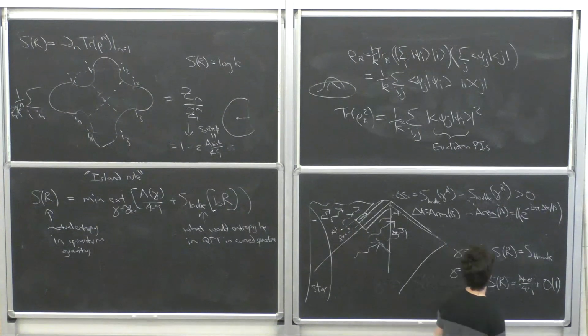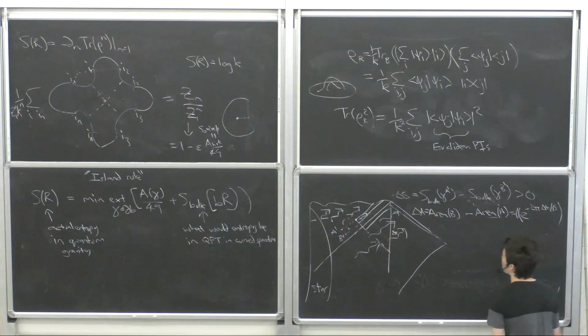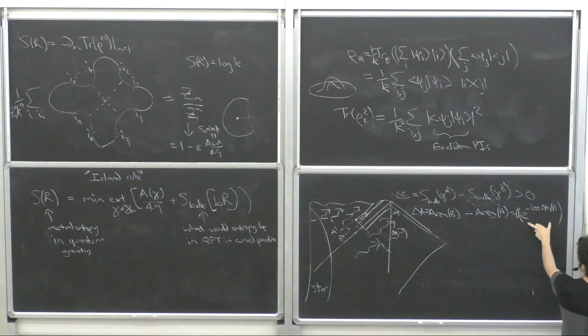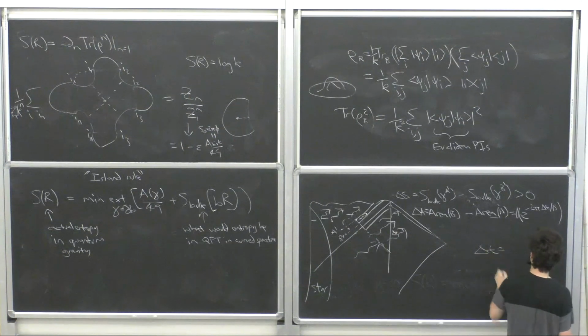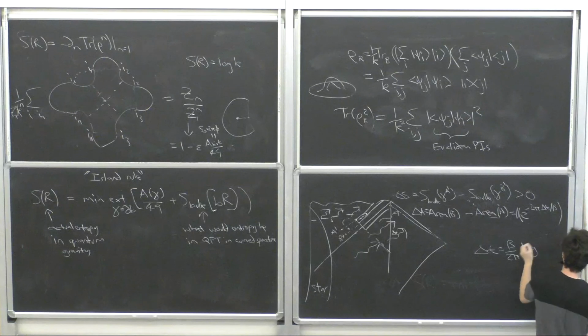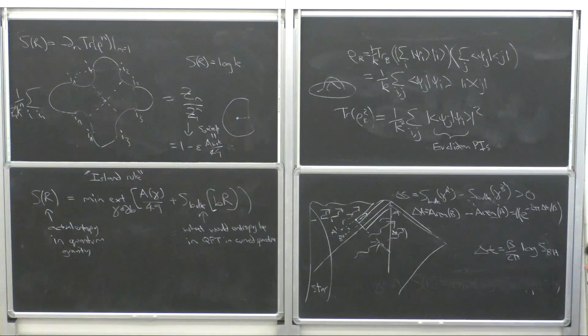So when does that happen? Roughly, we want delta A over 4G to be order 1, which means that this thing has to be order G, which means that delta t has to be order beta over 2 pi log 1 over G, or equivalently, let's make it log of a dimensionless quantity, the log of the Bekenstein-Hawking entropy of the black hole.